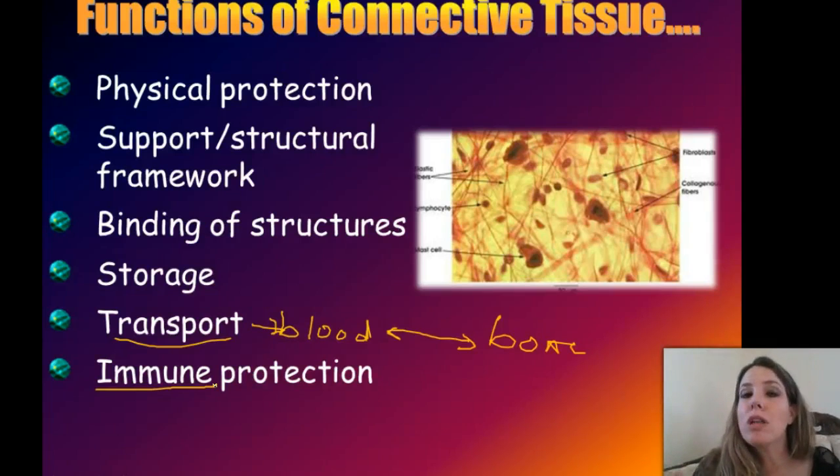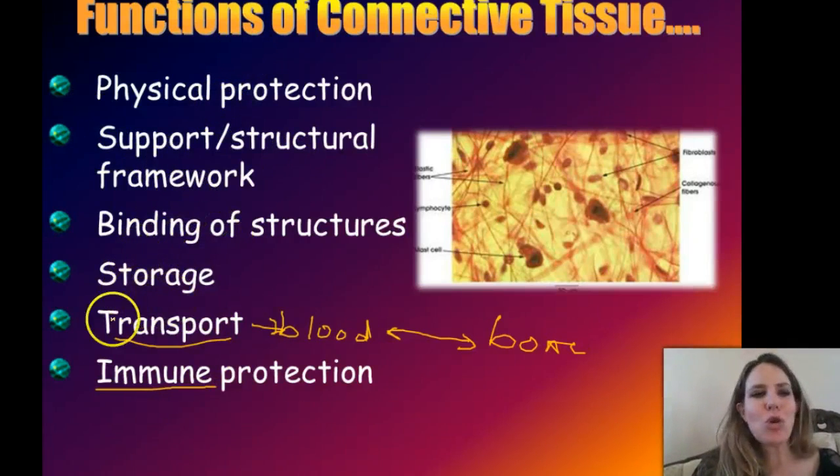In fact, one of the places where you'll find connective tissue is in your lymphatic organs, like your spleen and your lymph nodes. These are places where immune cells are produced, and you'll see a special kind of connective tissue that we'll talk about soon, called reticular connective tissue. Physical protection, support, structural framework, binding of structures, storage, transport, and immune protection. Those are some of the main functions.